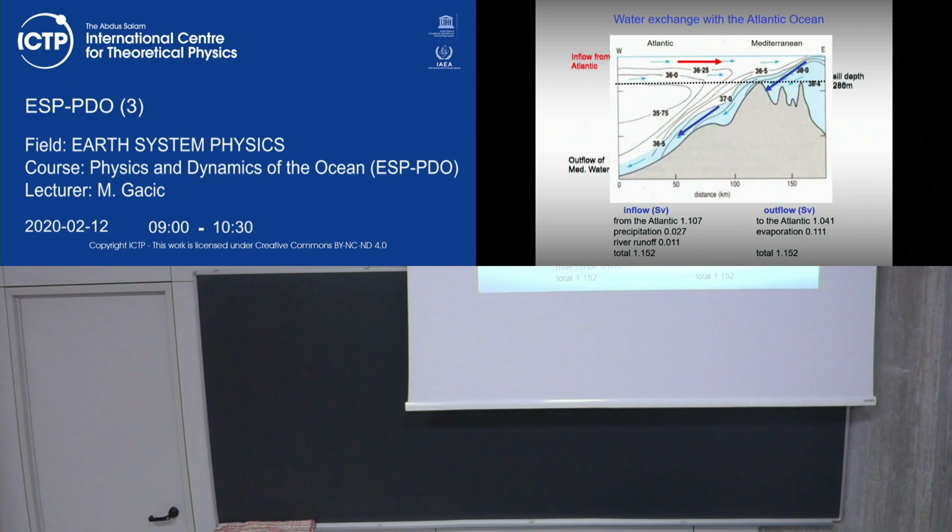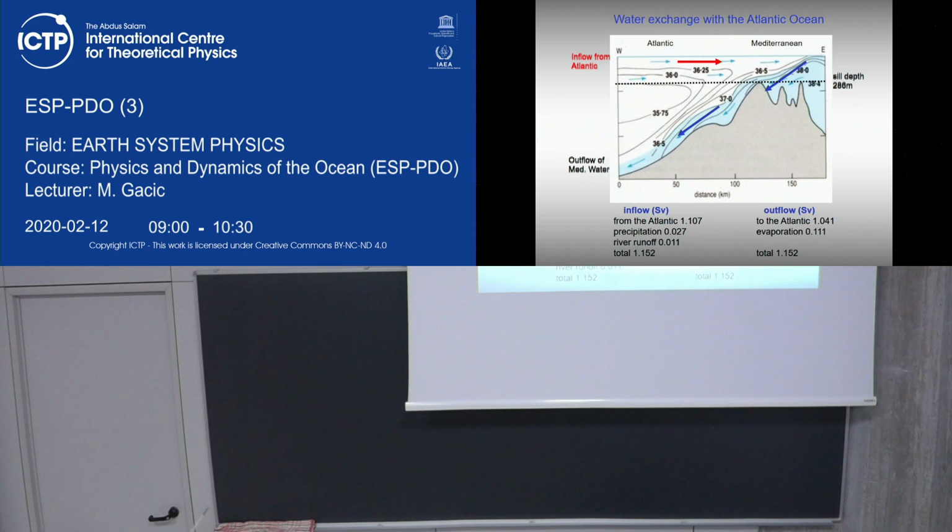So in the Mediterranean, evaporation is larger than precipitation. That means that the salinity, but also the density, in the Mediterranean is higher than in the Atlantic.